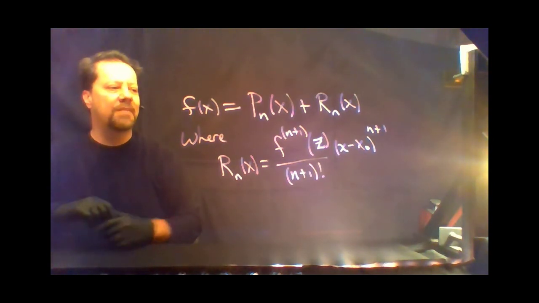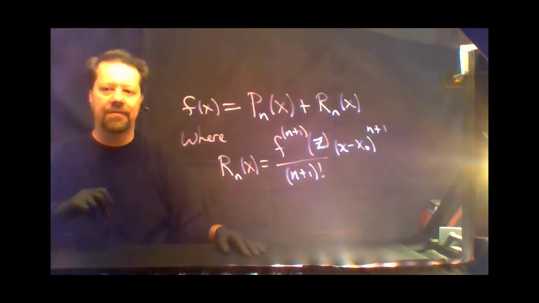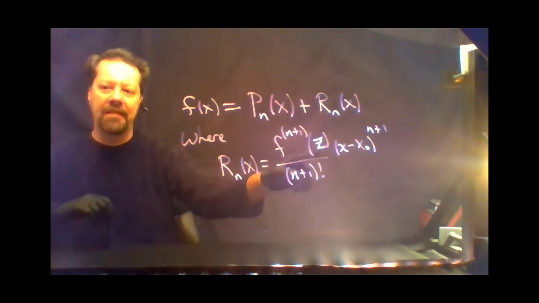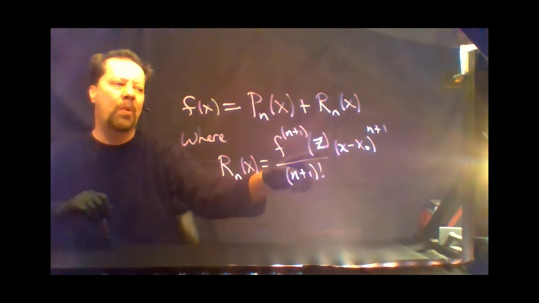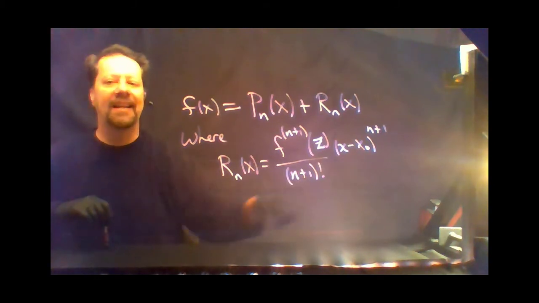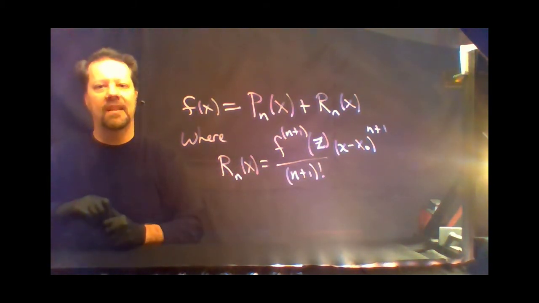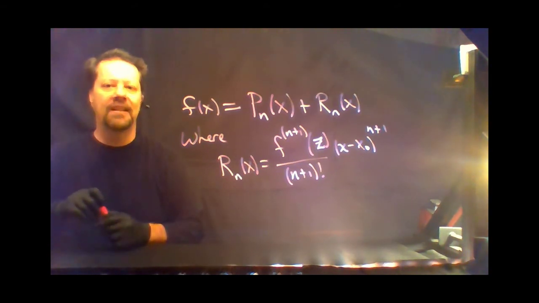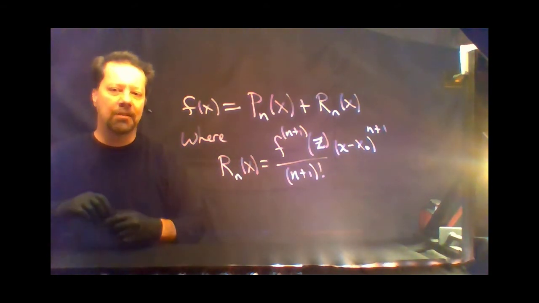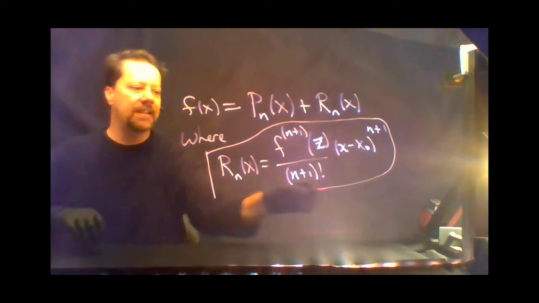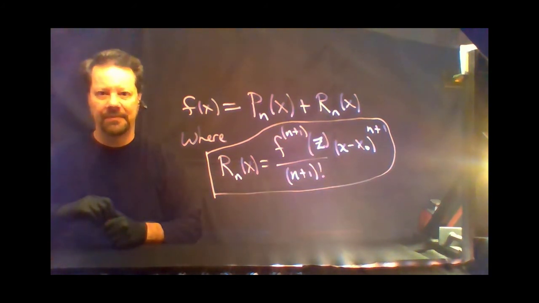It's the very next term in the Taylor polynomial of degree n plus 1, except instead of evaluating the n plus first derivative at x naught, you're evaluating it at some point z between x and x naught. That's how you get equality here. This gives you the exact error in approximating the function by the Taylor polynomial of degree n. This is a formula you're going to need to remember.